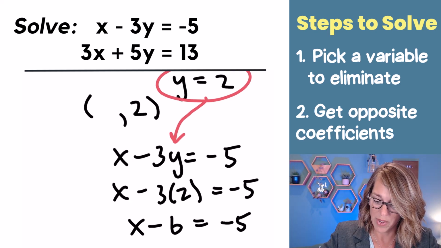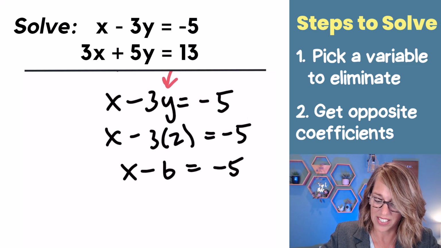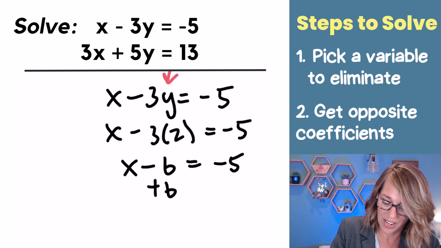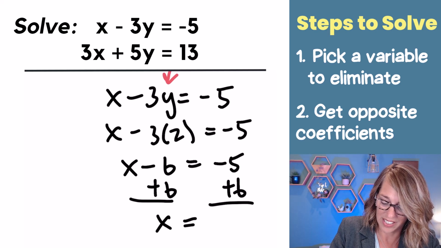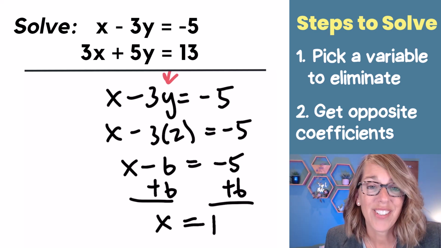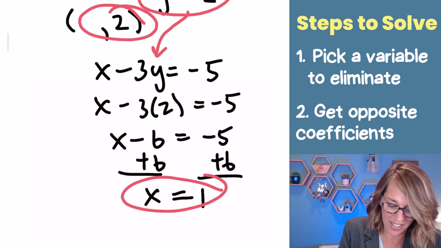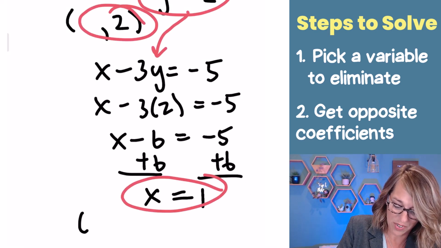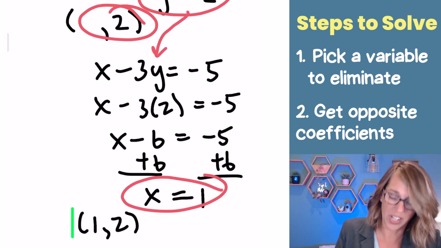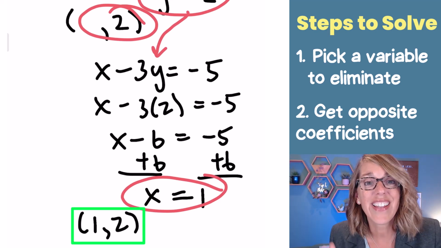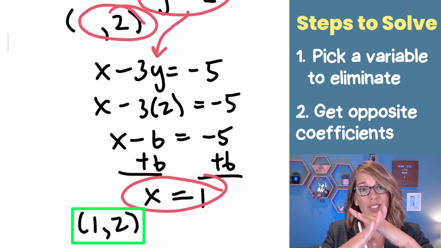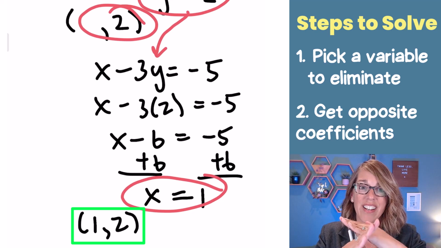I'm going to go ahead and add that 6 to both sides, plus 6, and we get x is equal to 1. So putting our two values together, I've got (1, 2) as our solution, and I know that this is another case where my two lines cross at a single point.